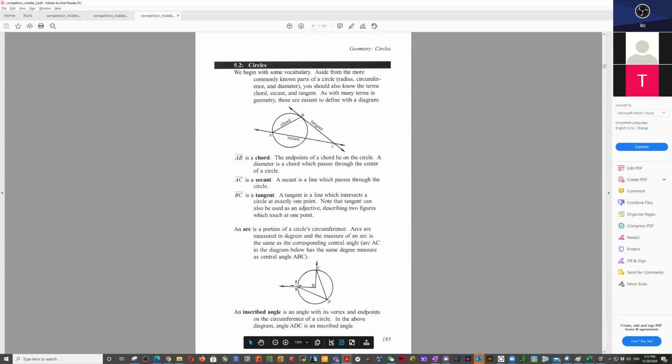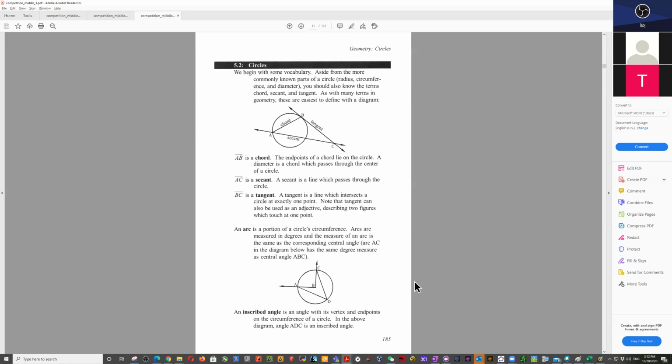An angle is named by its vertex and the endpoints. So the angle has 2 endpoints plus a vertex, and all of those sit on a circle, then it's called an inscribed angle. And the size of the inscribed angle is half the size of the arc.